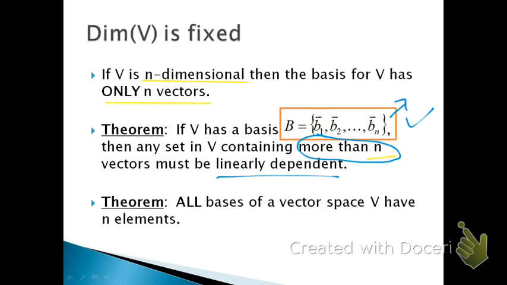Our basis is a set of linearly independent vectors, so any that we add beyond n will be dependent. Otherwise, it would have originally been in the basis. And lastly, the theorem says that all bases of a vector space V have n elements.